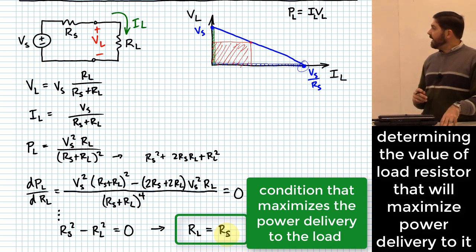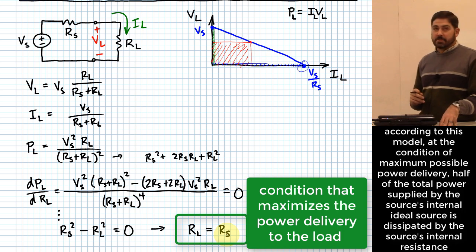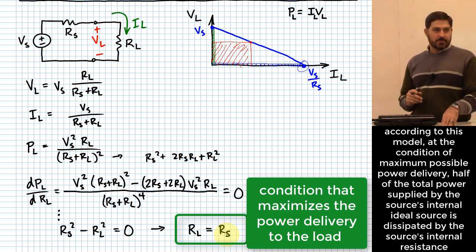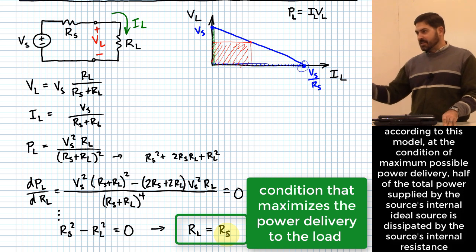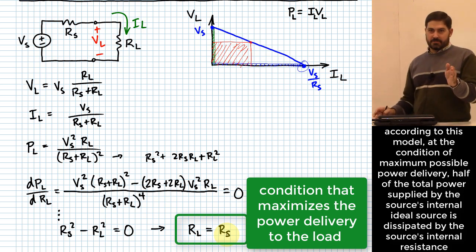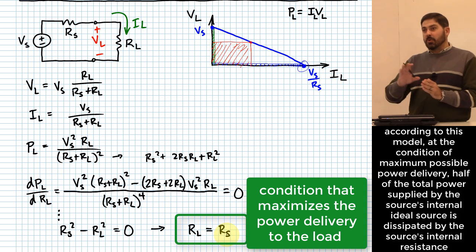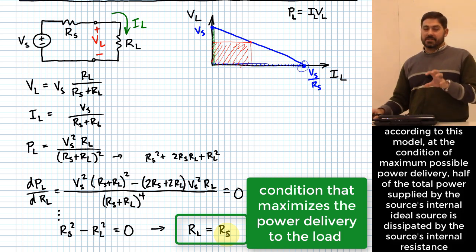Okay? Now, this also wastes a bunch of power, right? So I need to make sure you understand that too. This delivers an equal amount of power to the load resistance as it does to the source resistance. And that's not necessarily a good thing, because this is the exact amount of power that's also being delivered to the source resistance, and what's that going to do to the source?